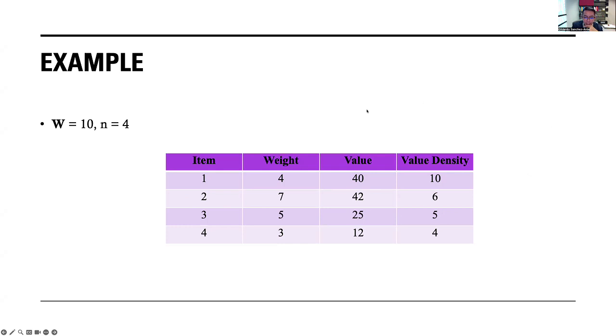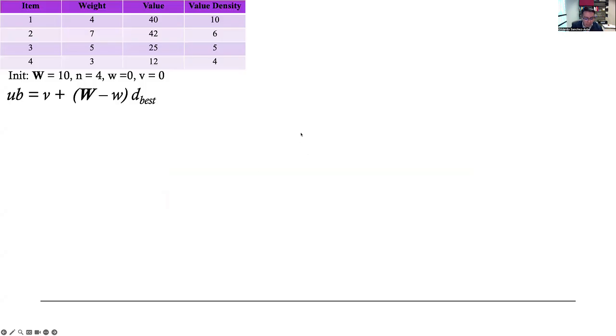So at this point, I will change to use my iPad in order to solve the problem by using my pen. Let's go there for a moment. We will move to the slide where we have the table. We have the initial conditions, the maximum weight, the number of items, and the initial weight in the knapsack, which is 0.